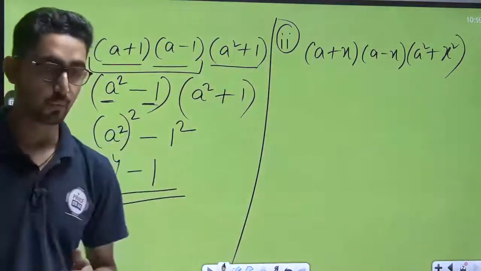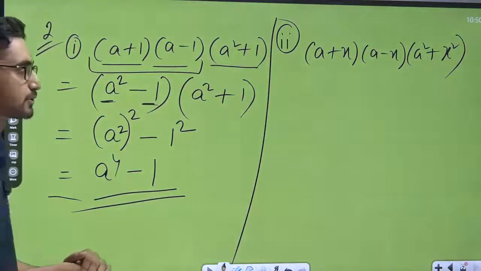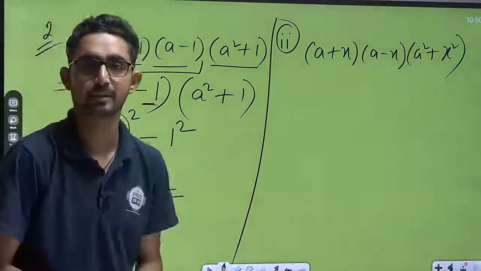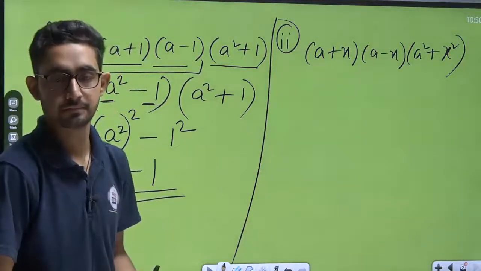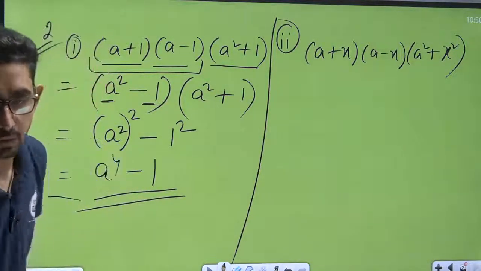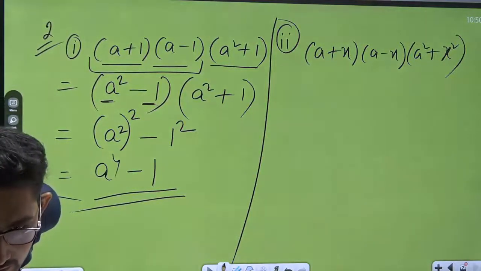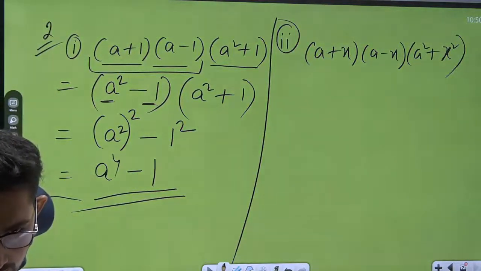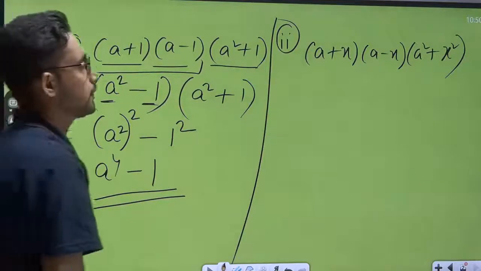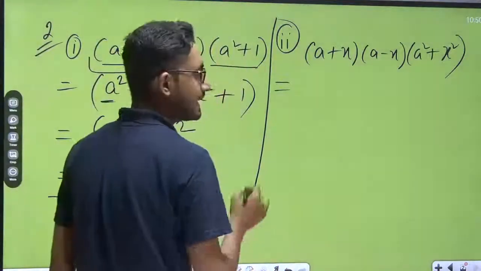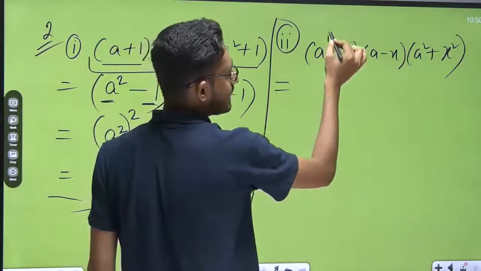Very good. Let's see the next one. Who gave the answer? Very simple question. A plus X multiplied by A minus X and A square plus X square. What is the answer of this question?